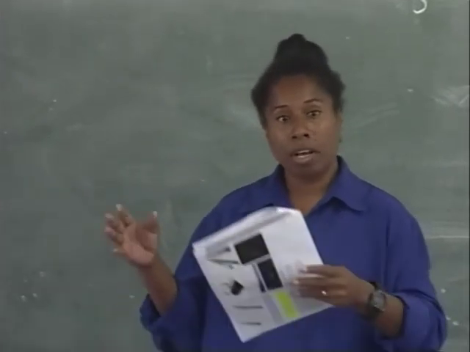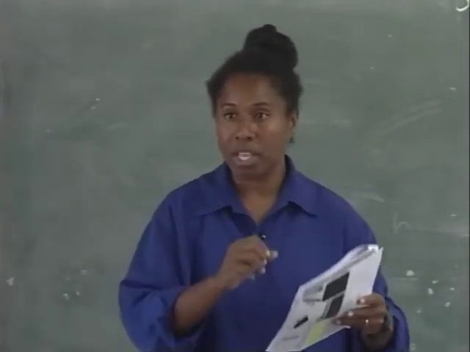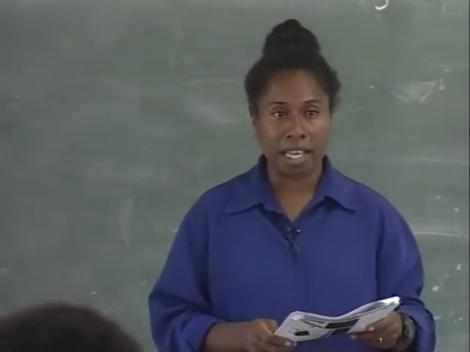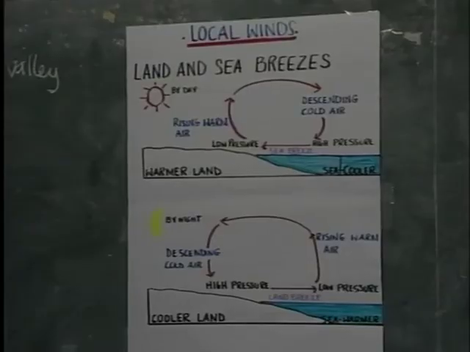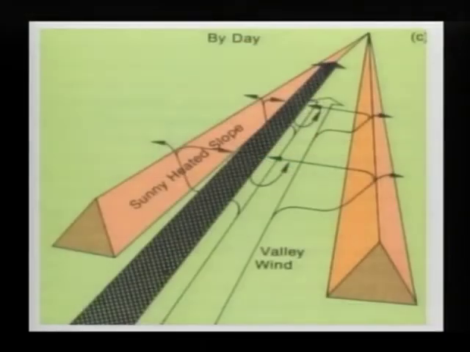Winds from a high pressure area will have to move in to take the place of the rising air. And during the night, it gets cooler at a certain spot, hotter at another spot. Again, where the area is hotter during the night, air rises, giving rise to a low pressure area, and air from a high pressure area will have to move in to take the place of the rising air.